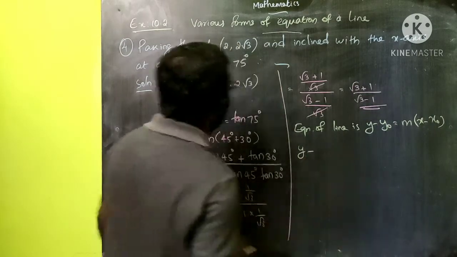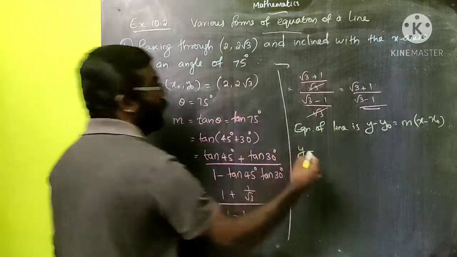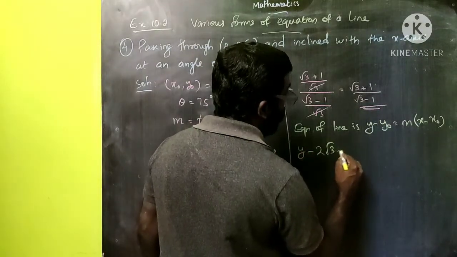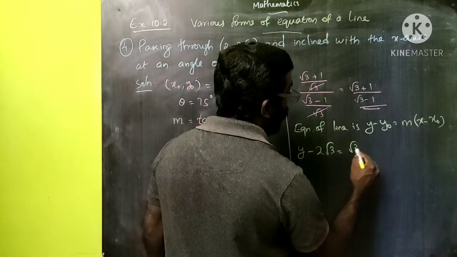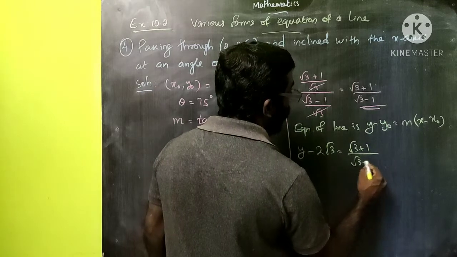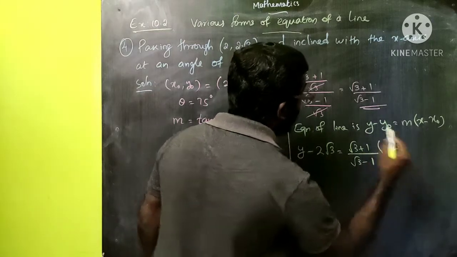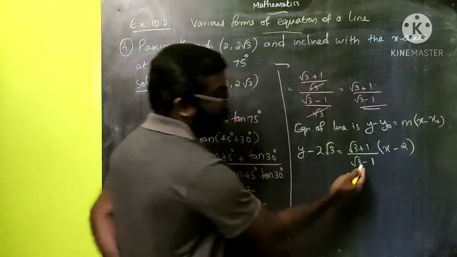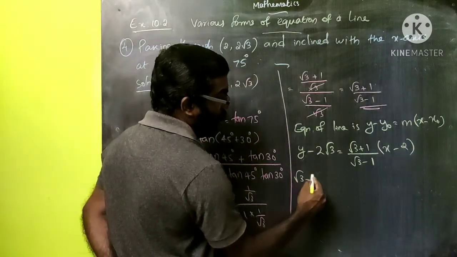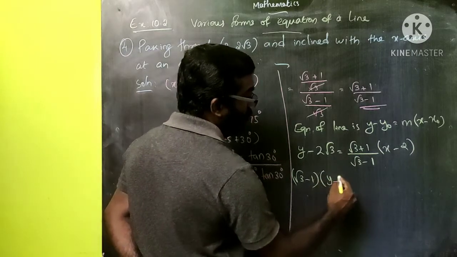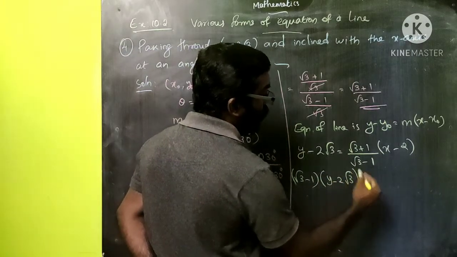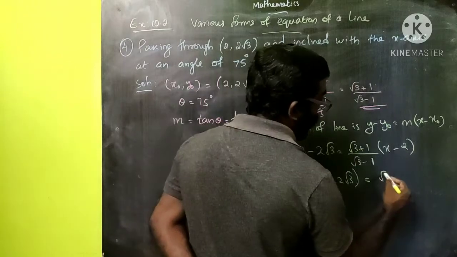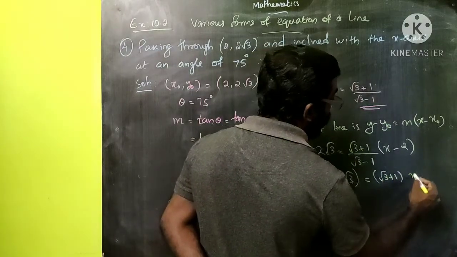Here y minus 2 root 3 is equal to m, that is root 3 plus 1 divided by root 3 minus 1, into x minus x0. x0 is 2. Now we can cross multiply this one. Root 3 minus 1 into y minus 2 root 3 is equal to root 3 plus 1 into x minus 2.